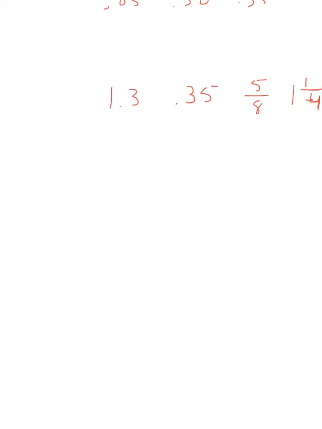What some people like to do is convert 5/8ths into a decimal, and 1 and 1/4 into a decimal, and then they put it on. Or another way to think about it is, if I have my number line, my smallest value is 35/100ths. The reason I know it's 35/100ths is because 5/8ths is larger than 4/8ths, and 4/8ths is 1/2.